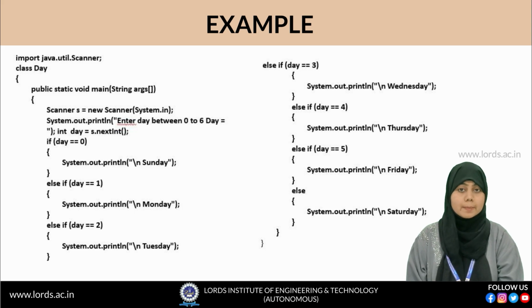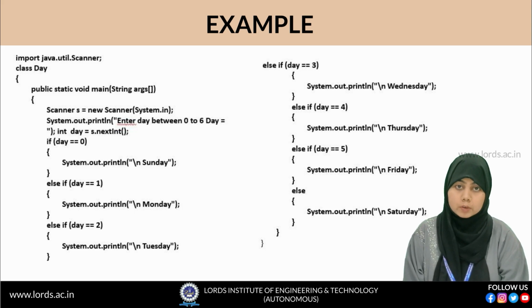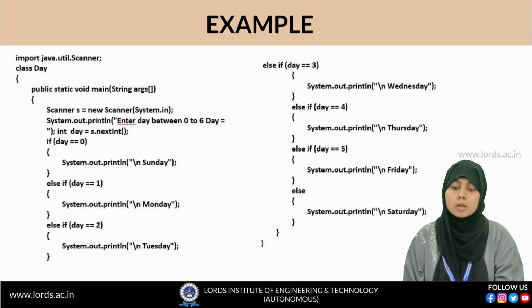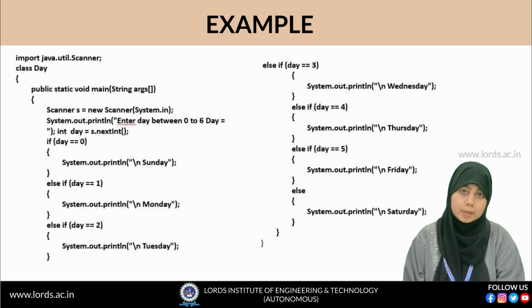Here, what is step 1? You might be familiar with step 1, right? We have to call the package, so we are calling the package here. See, import java.util.Scanner, because we are going to take the input from the user. Then we are declaring our class name as day and writing our main method.